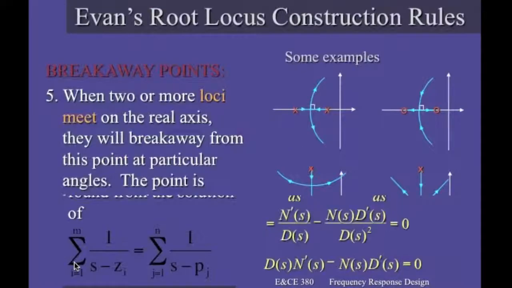The calculation formula for the breakaway coordinate is always the same. The simple formula to calculate the angles is again the same, but in this case k equals 4.